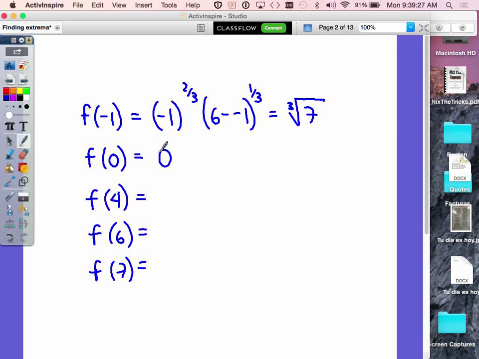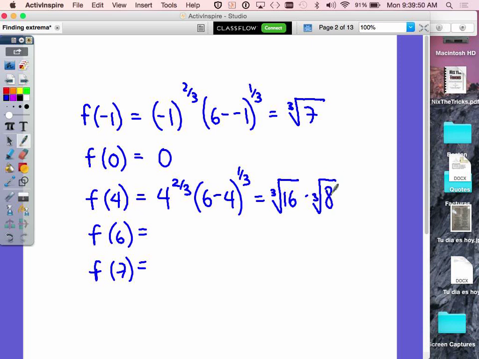F at 4 is 4 to the 2/3 times 6 minus 4 to the 1/3. 4 to the 2/3 is 4 squared, is 16, the cube root of that. So I want the cube root of 16. And here, 6 minus 4 is 2, and so I want the cube root of 2.